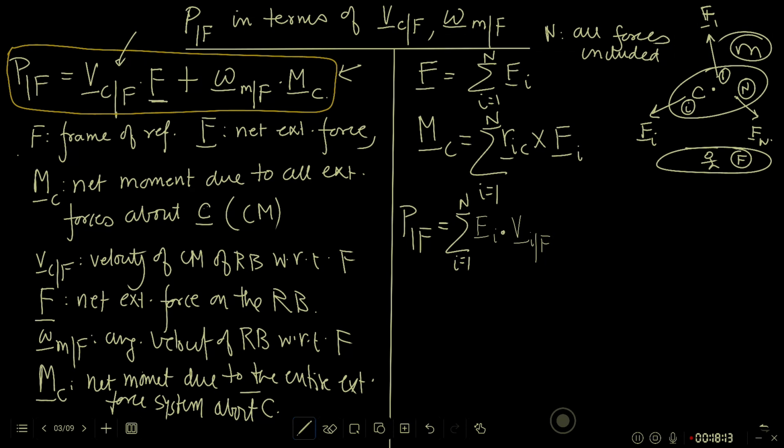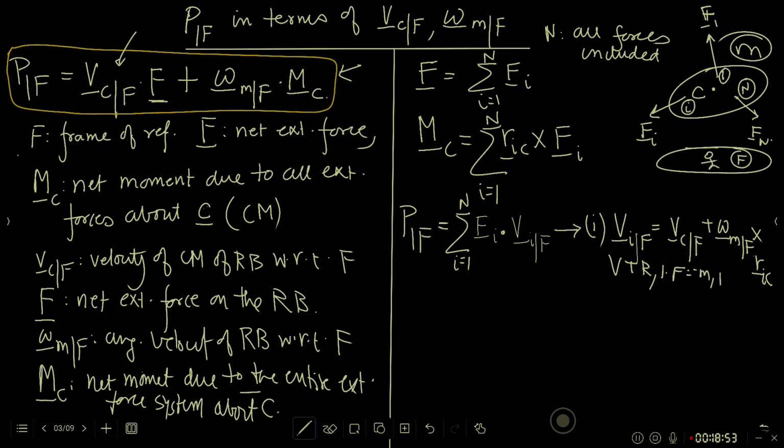It will save me some time and effort. Now let's call this equation 1. But then we realize that I can write VIF as this. I have used VTR, velocity transfer relationship, with IF being M and IP being C.